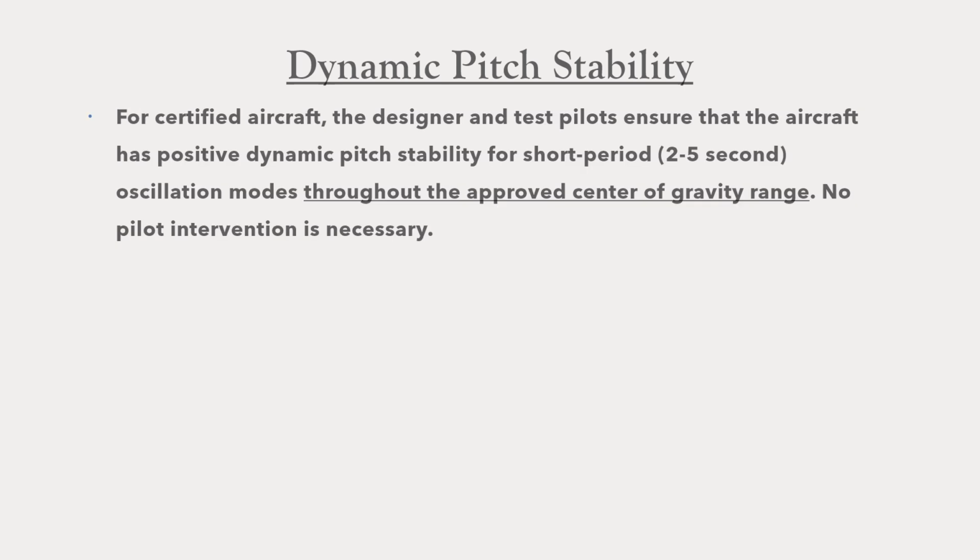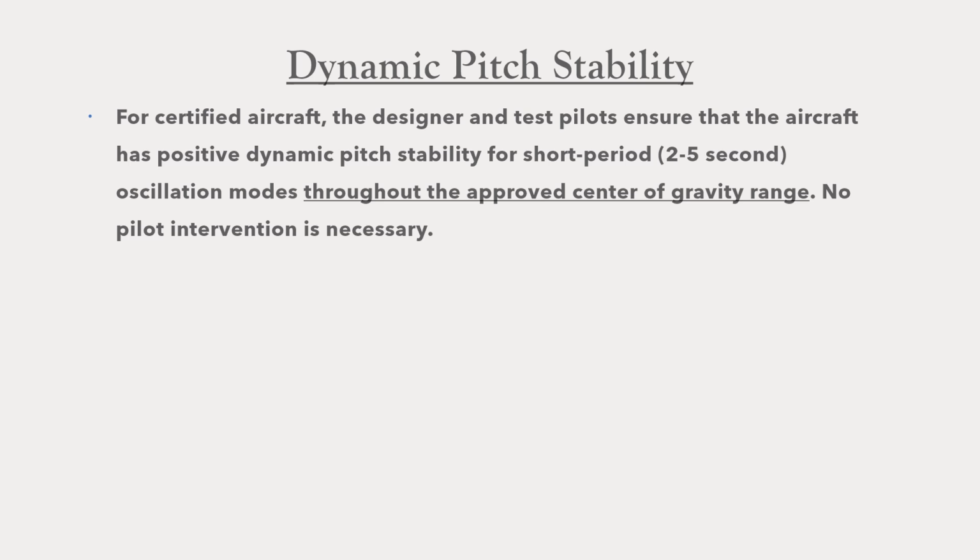Now let's consider the dynamic stability in pitch. There are a couple of different oscillating modes that aircraft have in pitch. There is a short period oscillation and a long period oscillation. The short period oscillation is something that is on the order of 2 to 5 seconds to oscillate with the nose up and down.